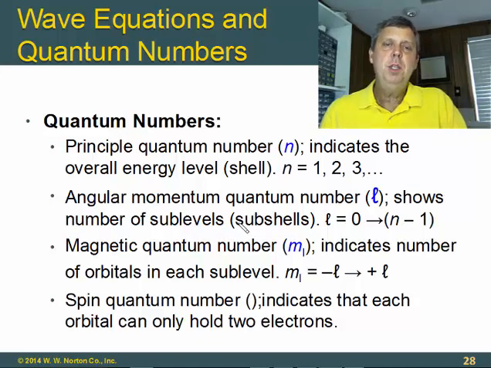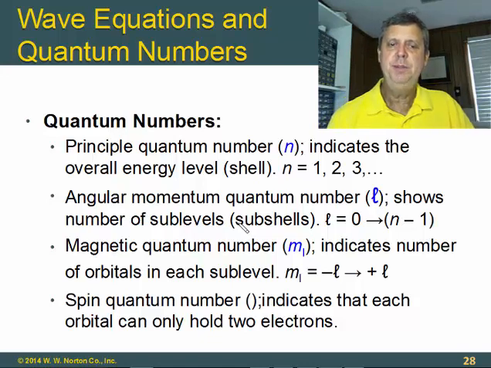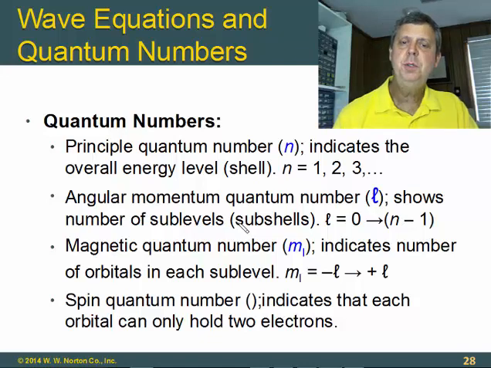The second quantum number is called the angular momentum quantum number, abbreviated with an L. What it does for us is tell us how many sublevels or subshells there are in a given shell. And L equals 0 to n minus 1.